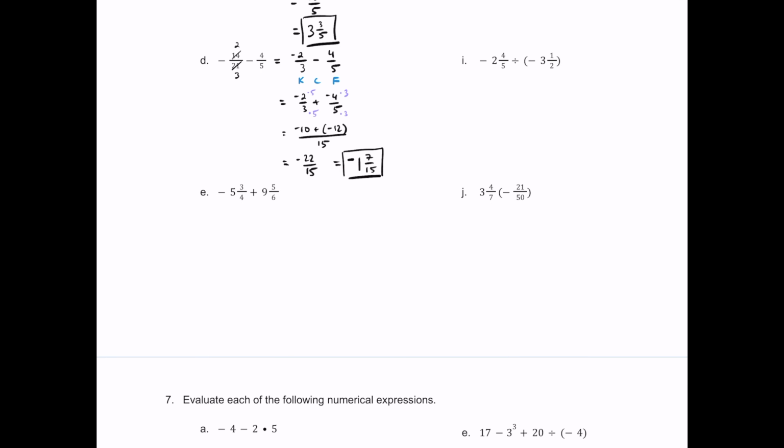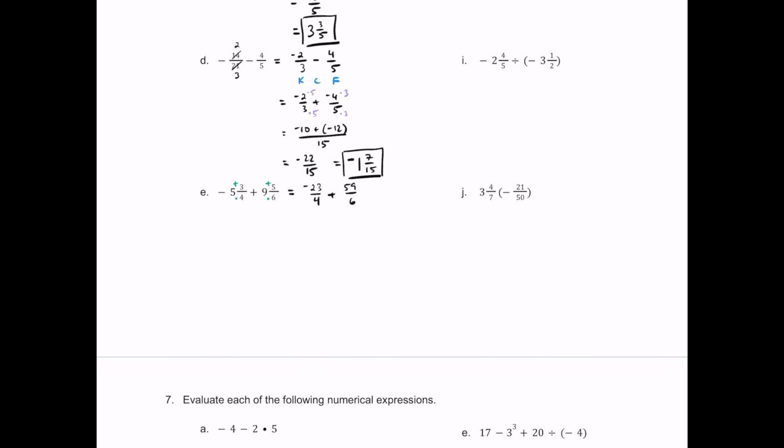For letter E, we got some mixed numbers here. So let's see, if we multiply 5 times 4, that'll be 20, plus 3 is 23. So I'm thinking this will be negative 23 over 4 plus, and then 9 times 6 is 54, 54 plus 5 is going to be 59. So that's going to be 59 over 6.